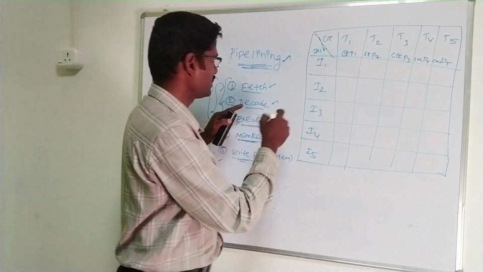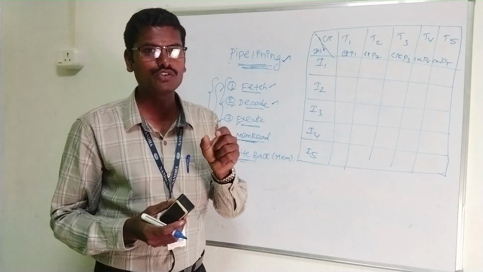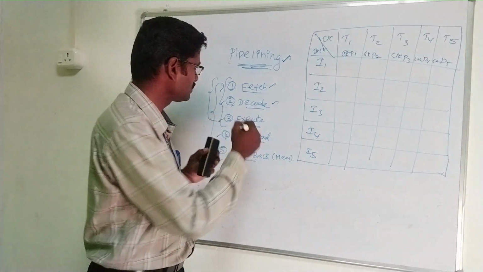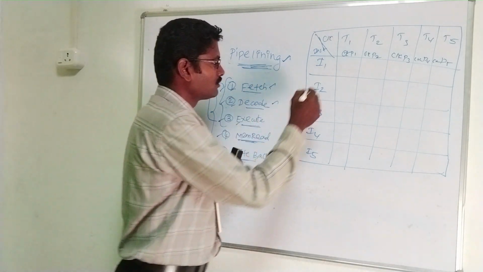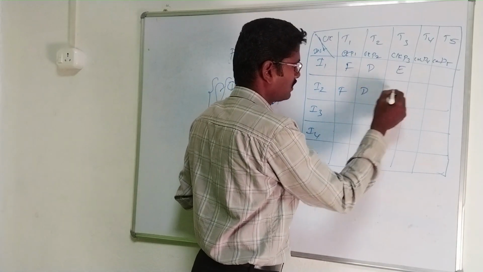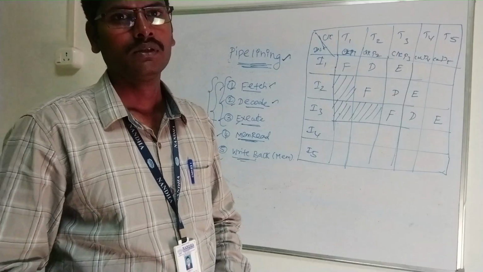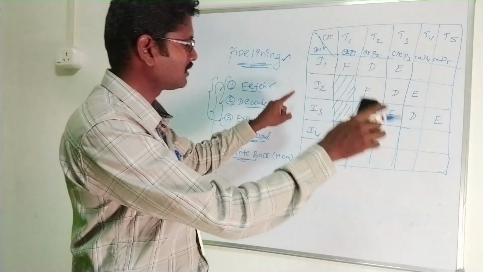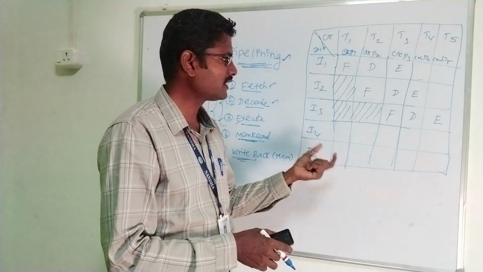Now, every instruction, as I already told, has to come across all the stages: fetch, decode, execute, fetch, decode, execute, and so on. So this is the corresponding pipelining graphical table.